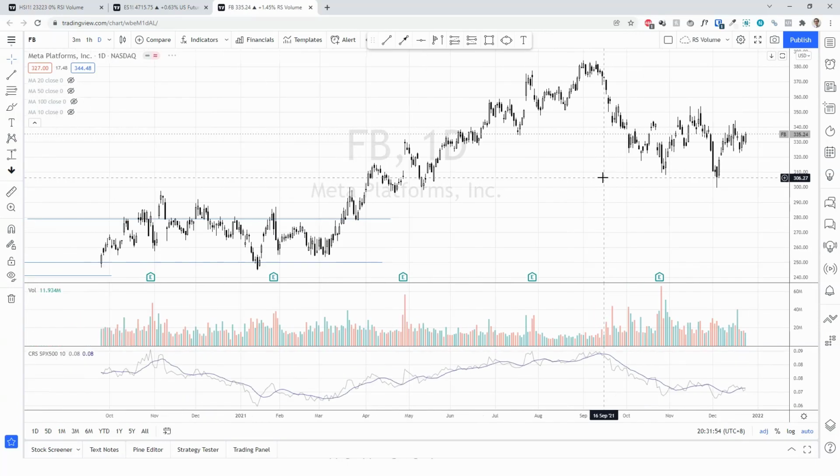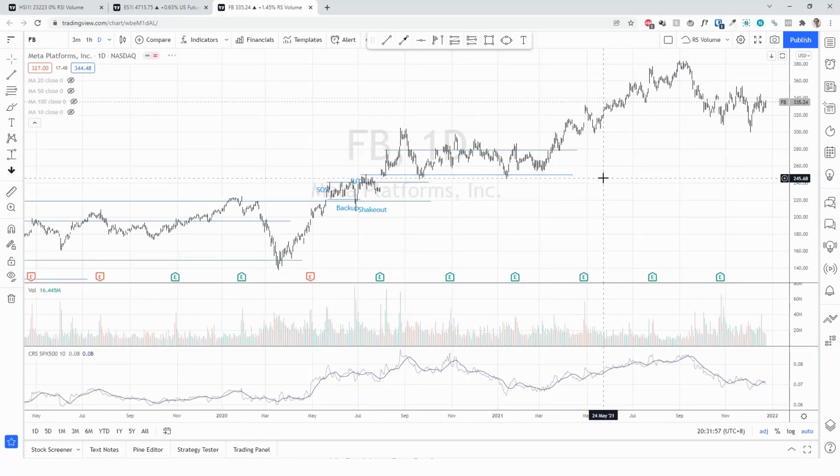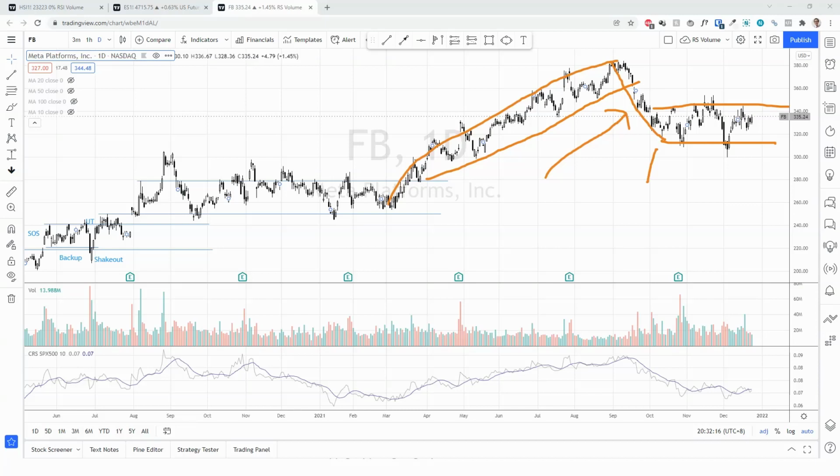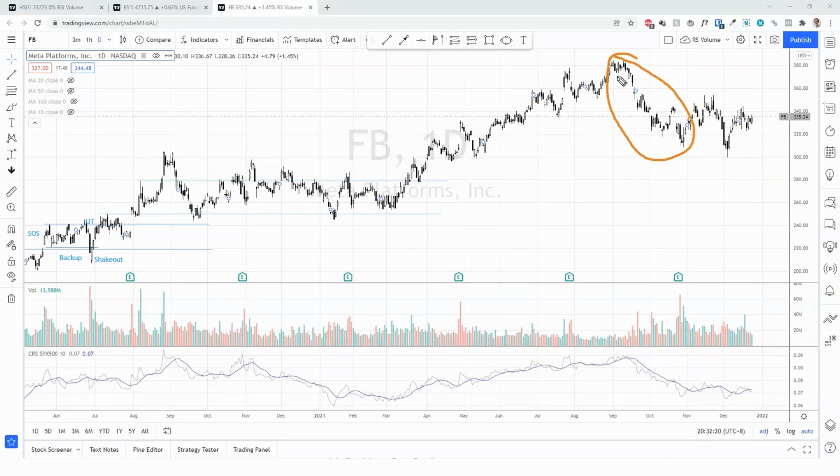Facebook. So we can see that Facebook already has this kind of reaction downtrend, but has been stuck within this trading range for quite some time, at least in October. There is a correction coming right after this uptrend, up channel, followed by a change of character, so a reaction down.